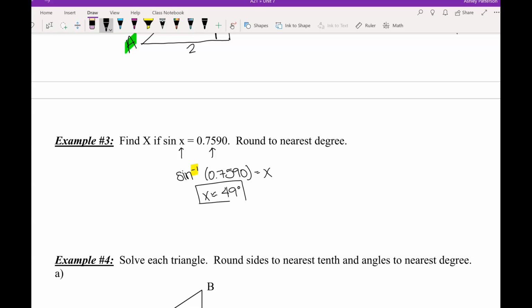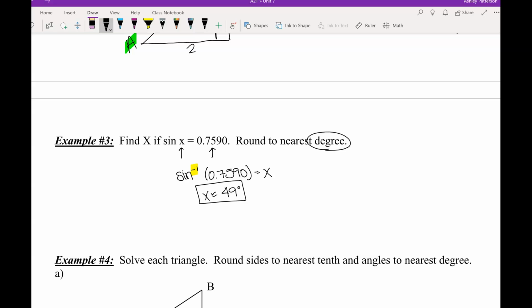If you got a different value, you need to go to mode and make sure that you are in degree mode, not rad. Rad stands for radians. We need to be in degree mode because we're looking for the nearest degree. So you want to hit second sine 0.7590 and you should get approximately 49 degrees.